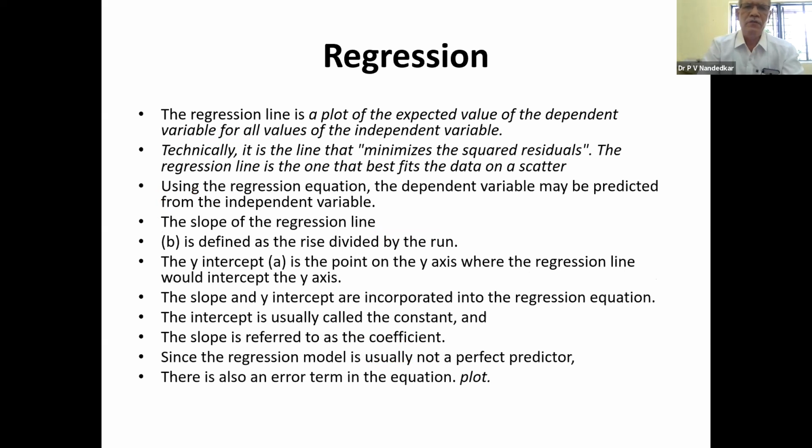Similarly, when we plot in a graph the value of the dependent variable for all the values of the independent variable, as we usually do in any type of graph, the difficulty is: how certain are we about the estimate, the predictive equation that we have developed based on the regression equation?